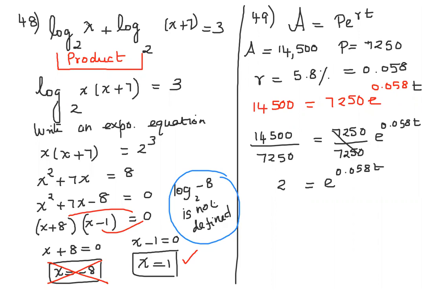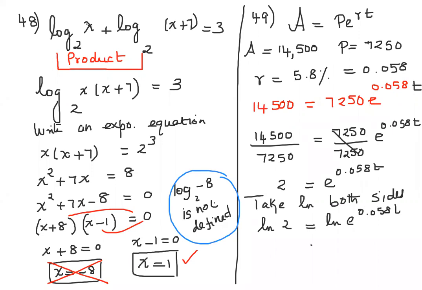So this is an exponential equation. So we have to take ln because we have the base e. So we are taking ln of both sides, and move the power to the front. And ln e is 1.